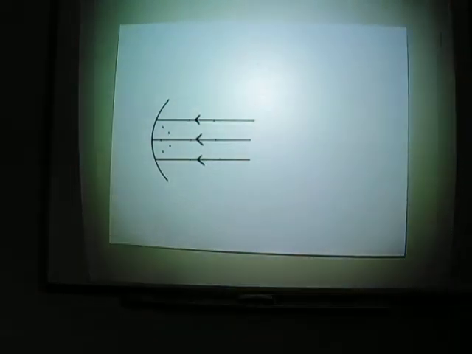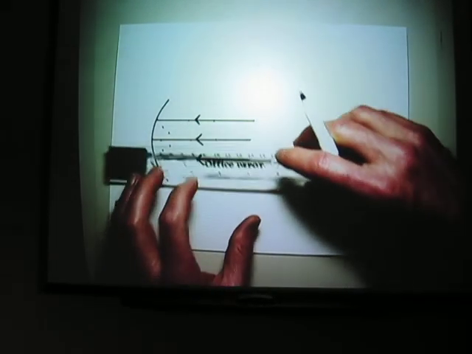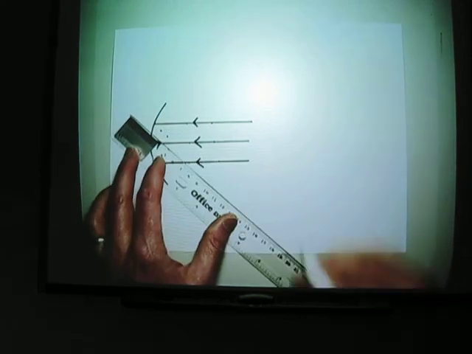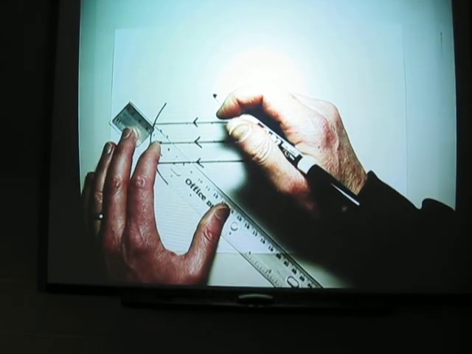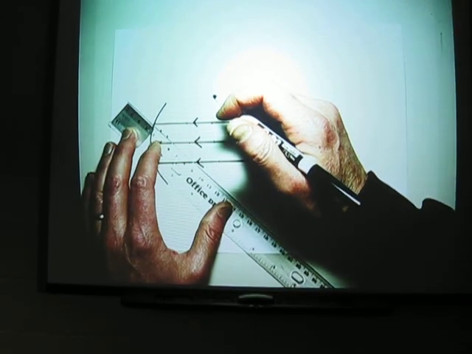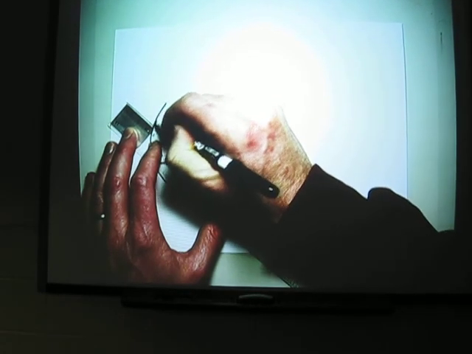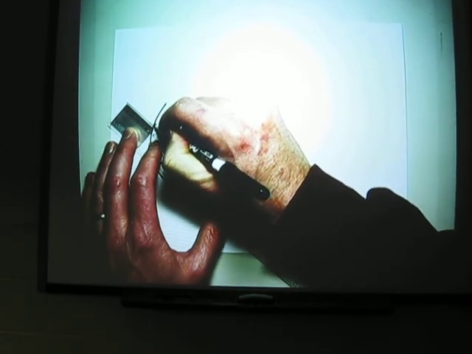And then the one in the middle reflected back on itself. So something like that. And then these 2 reflected at an angle like this, where they all intersected at one point, which again is the focal point of that concave mirror.